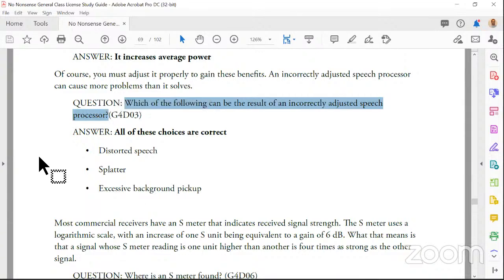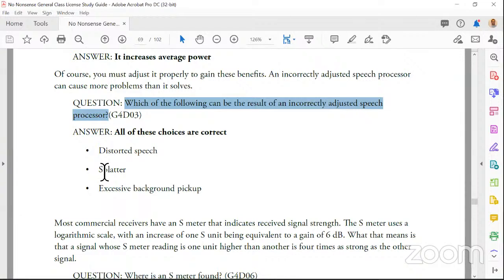Which of the following can be the result of an incorrectly adjusted speech processor? Like every good thing, it could come to naught if it's not properly used. If we don't adjust our speech processor properly, all of the following can occur. We can have distorted speech that sounds really bad.